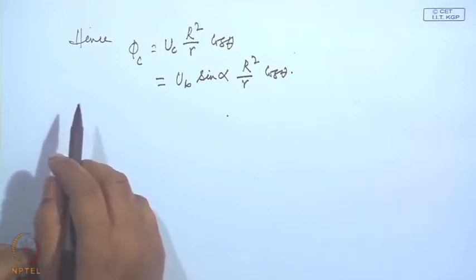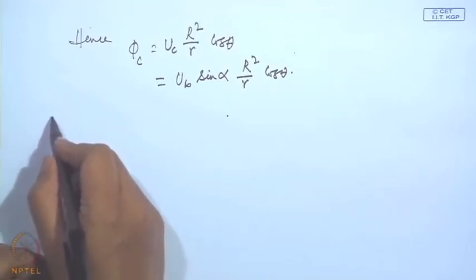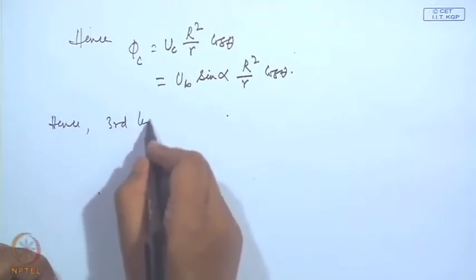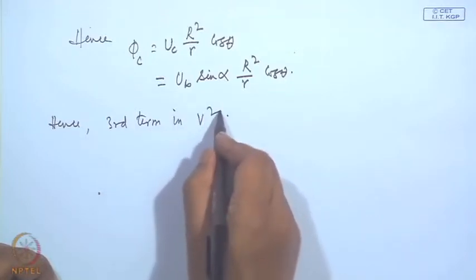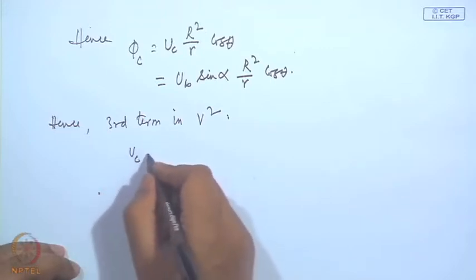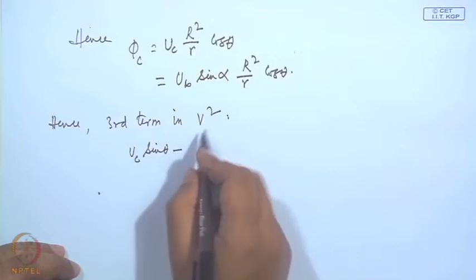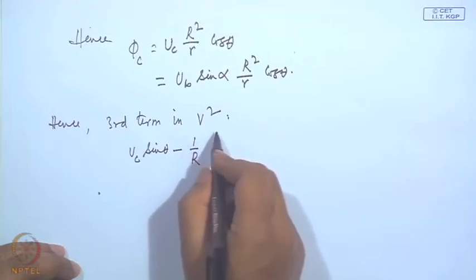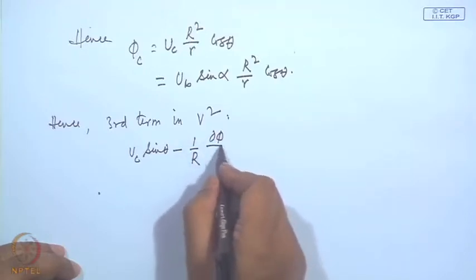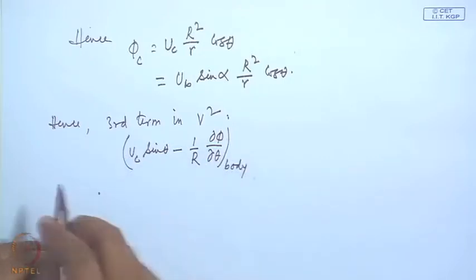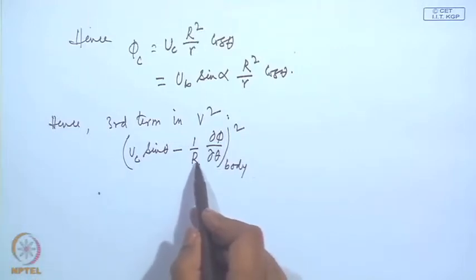So, the third term in that expression for velocity. Hence the third term in v square, which you have written earlier, is u c sin theta minus 1 by r d phi d theta. We have replaced the variable r by the surface radius.